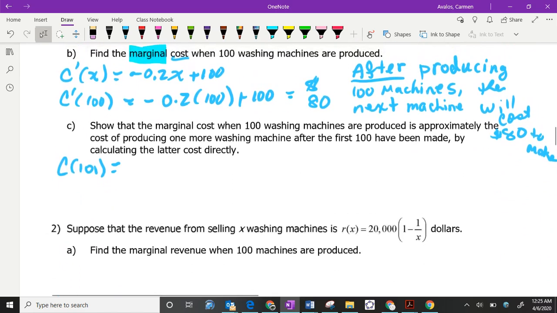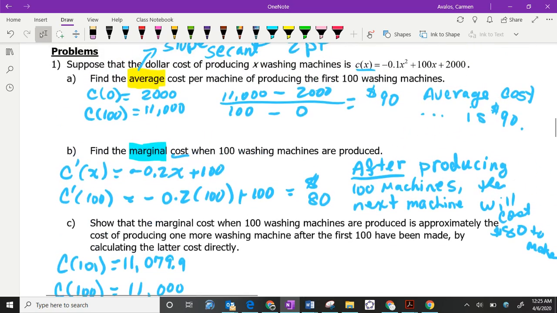It actually gives me 11,079.9. So that's what it gives me, the cost for 101 machines. And then we already know how much it costs for 100 machines. So that we know that that's going to be 11,000 because we calculated that up here. So at 0 was 2,000, at 100 was 11,000.